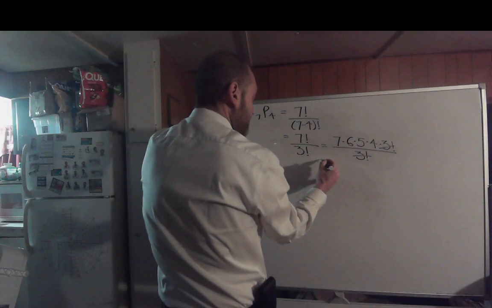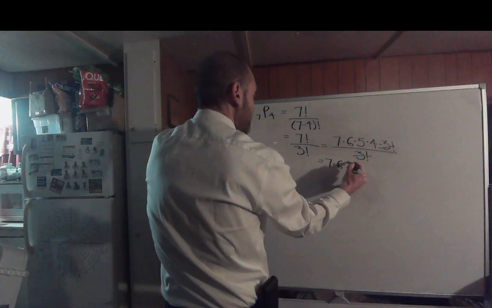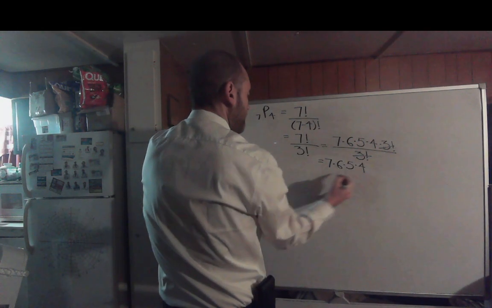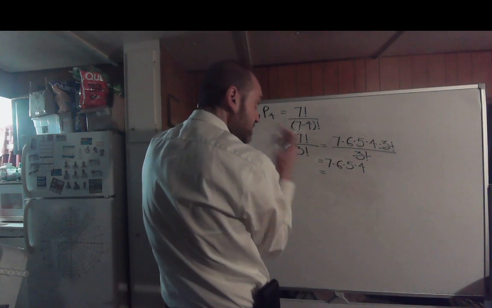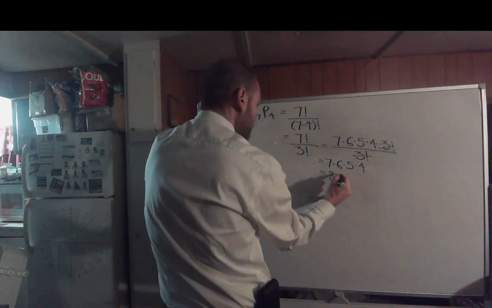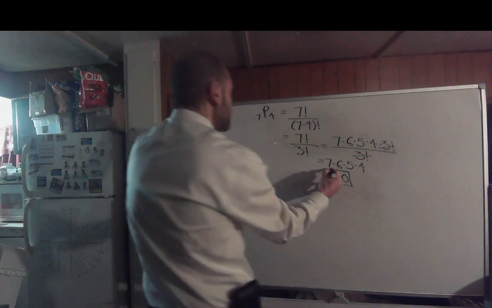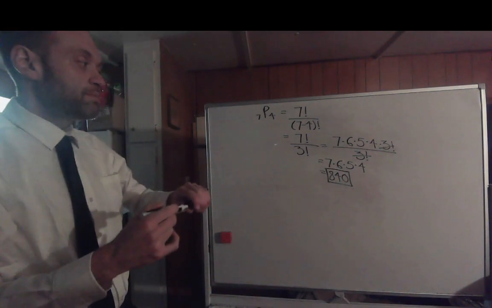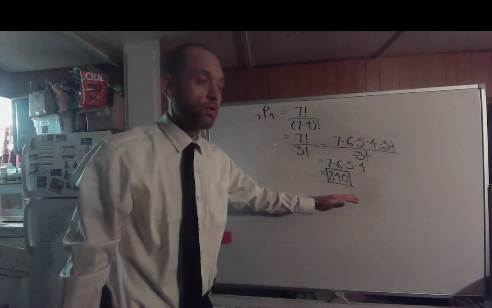Well, the 3 factorials cancel out, so you have 7 times 6 times 5 times 4. So that should be 20 times 42, which should be 840. So that means if I take 7 things 4 at a time, there are 840 possible permutations where the order does matter.